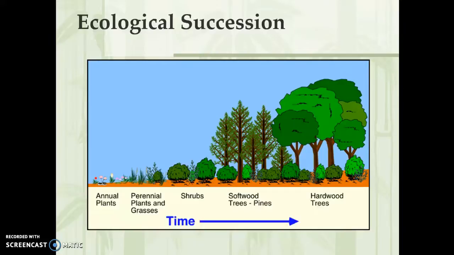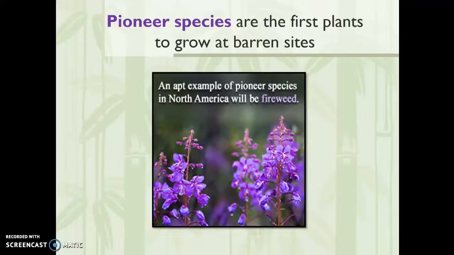So ecological succession over time in just a little bit larger chart. The next terminology: pioneer species are the first plants to grow at barren sites, and a really good example of that is fireweed after a fire or after a disturbance.